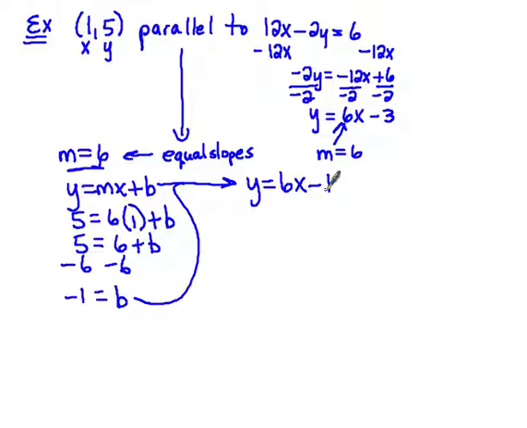All right, now that's parallel. Let's talk about perpendicular. We know that perpendicular lines have opposite and reciprocal slopes. So let's do a couple of those examples.